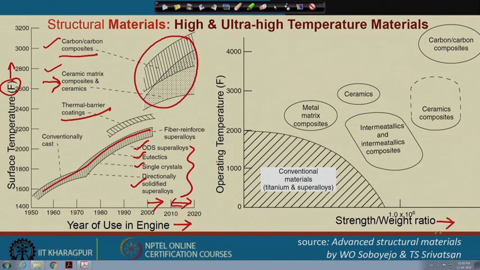Here I show you another plot with strength to weight ratio. So, not only the high temperature strength is very important, but the ratio of strength and weight is also important, because weight is linked with how much fuel a vehicle will consume. So, conventional materials like titanium alloys or super alloys can withstand up to 2000 Fahrenheit, even we can develop very advanced composites.